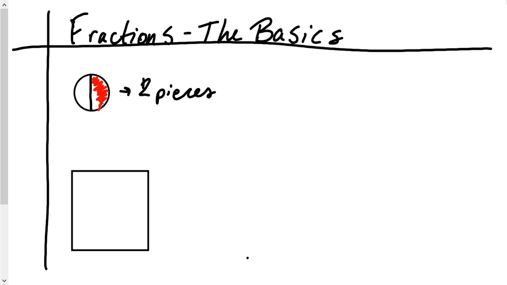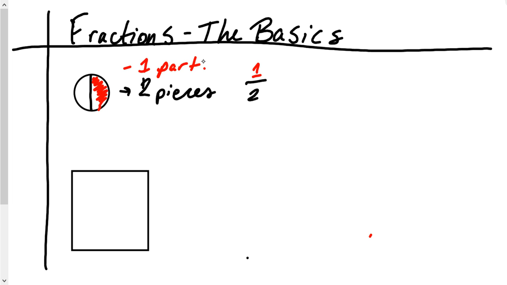And I kind of said it already that this is one part. I'm going to write that up here. So that means that this whole circle is two pieces. So I say that it is one part of two pieces, or it is 1 over 2.